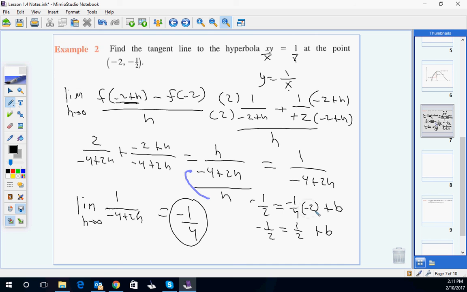Okay, -2 times -1/4 is +1/2. We'll minus the 1/2. -1/2 minus 1/2 is -1. So our b is -1. So our equation is here. That's the equation of the tangent line at the point -2, -1/2.